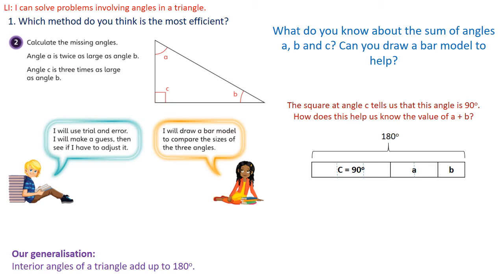We've got 1, 2, 3, 4, 5, 6. So we've got 6 equal parts that together make 180.